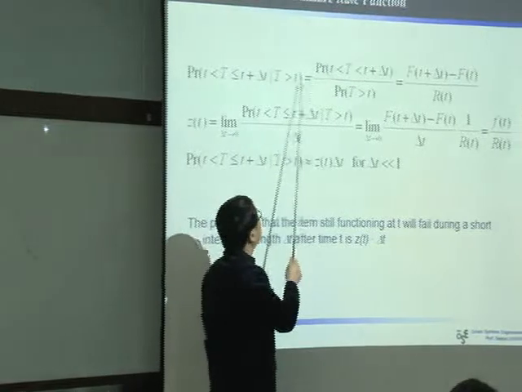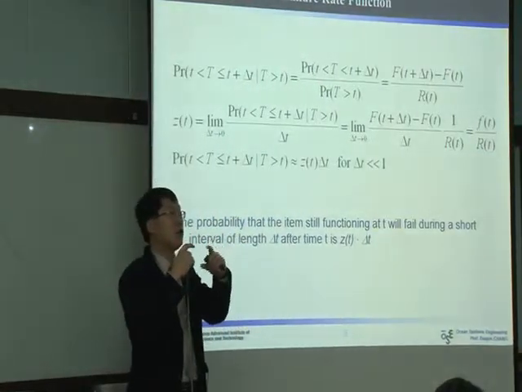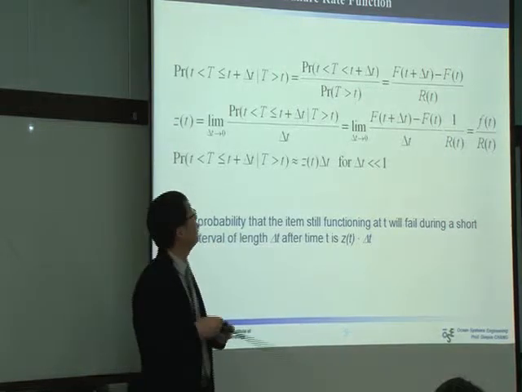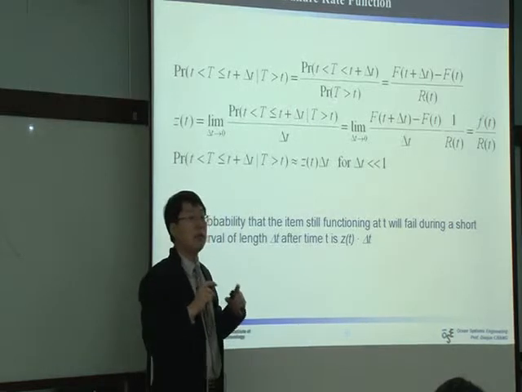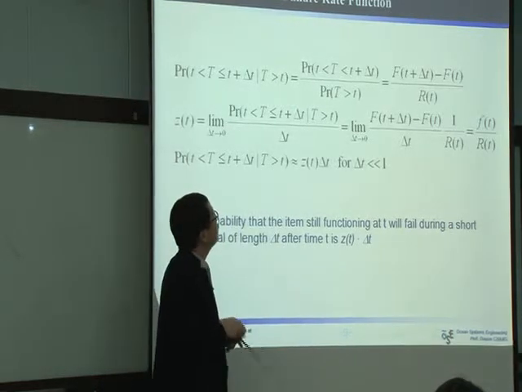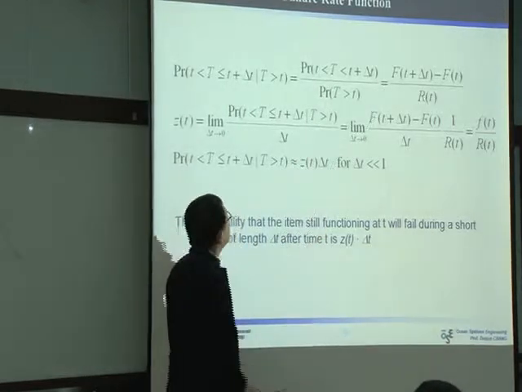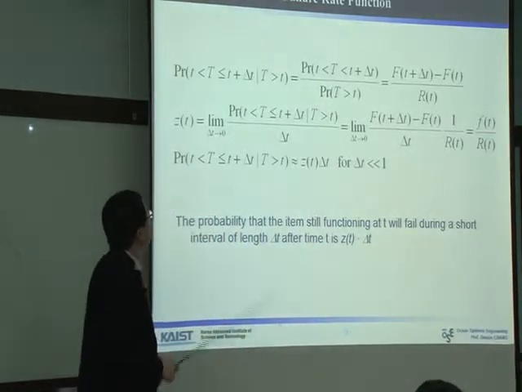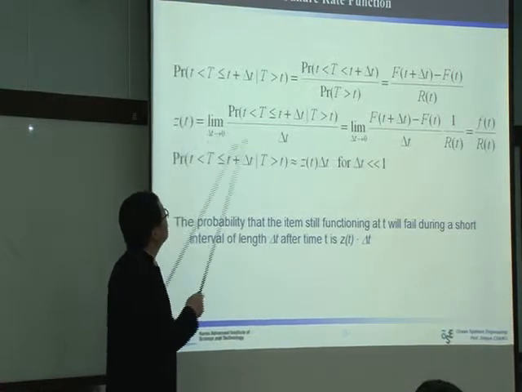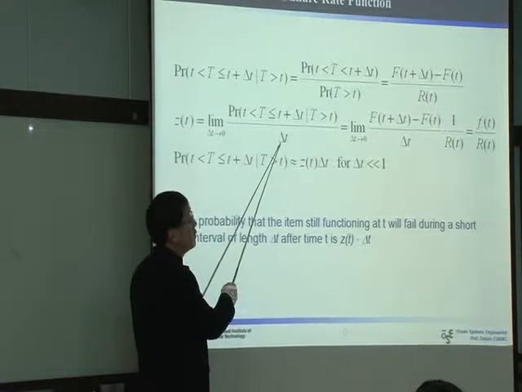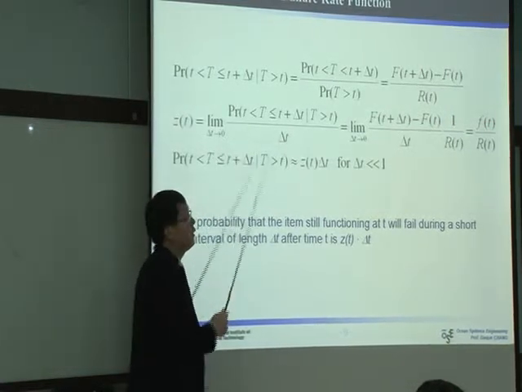You know the equation for the conditional probability. This is the mathematical definition of conditional probability. So the important thing is this one, g(t). g(t) means, as delta t approaches 0, the conditional probability.